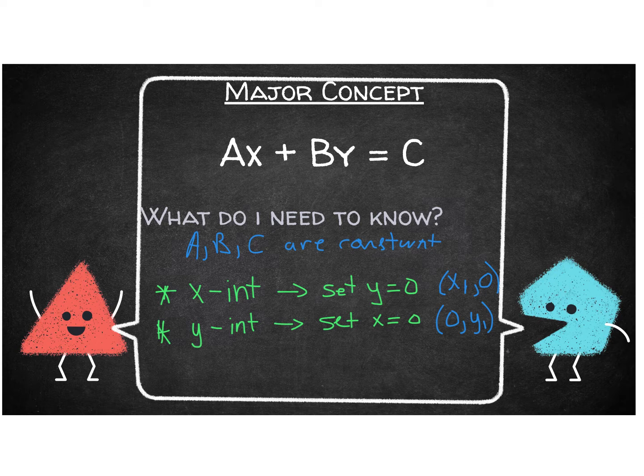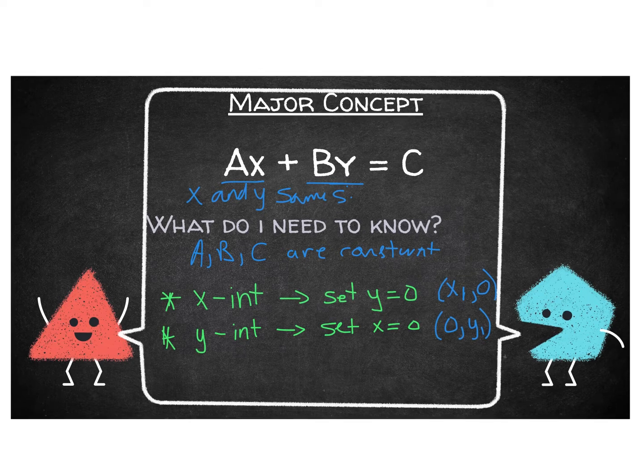What we need to make sure that we have in standard form is that our x and our y have to be on the same side. And also, the a, b, and c have to be whole numbers.